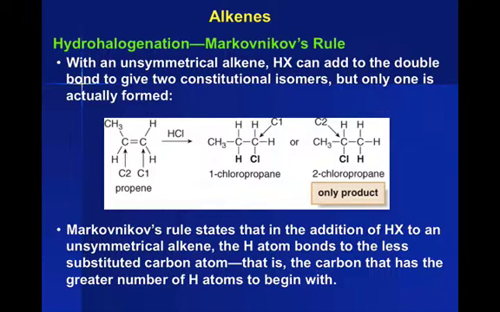So if we're going to go through the mechanism, we're going to have the electrons from the pi bond react with the hydrogen. The hydrogen's going to go to carbon number 1, giving me what kind of carbocation? Tertiary. Can it rearrange to a more stable one? Nope, so it stays there.